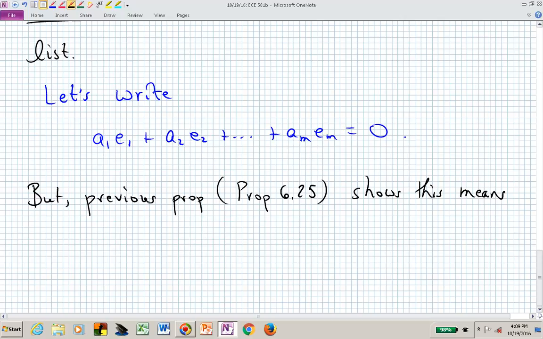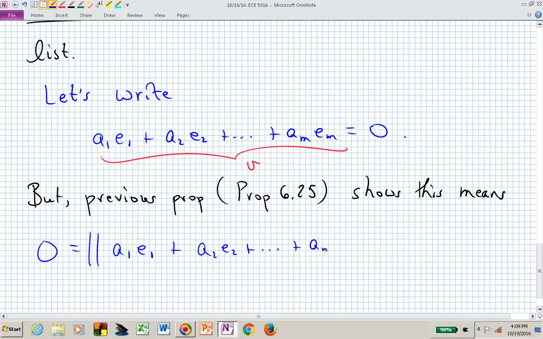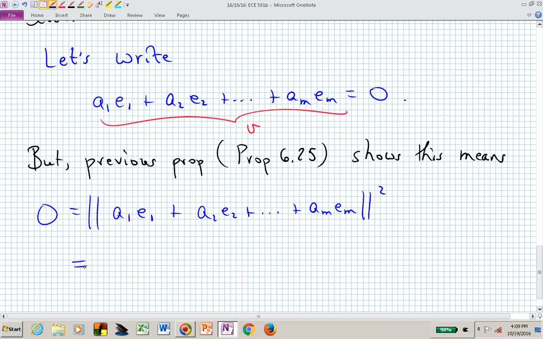That's just a vector. What do we know about the square of the norm of that vector, or what does it look like? So now we have it's equal to 0, obviously, if the linear combination is 0. But now if we look at the norm of that vector squared, based on proposition 25, how can we express the norm squared in terms of these vectors and scalars?